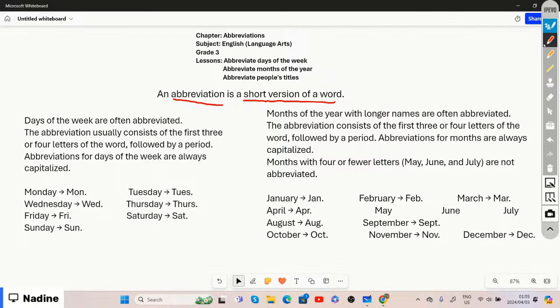And when we abbreviate days of the week, we abbreviate months of the year, and we even abbreviate people's titles, it means that we are now shortening that specific word.